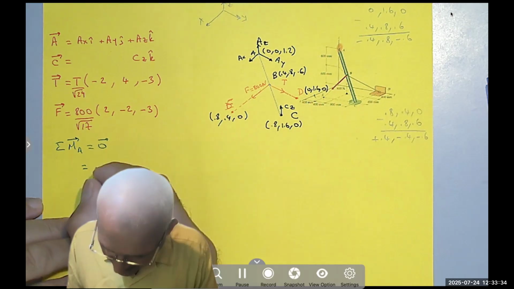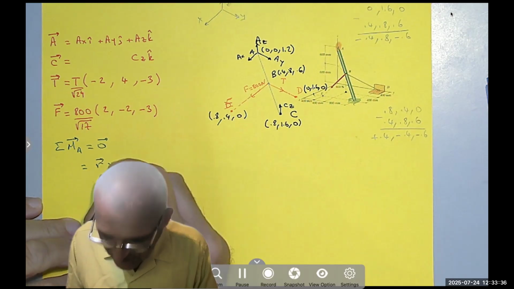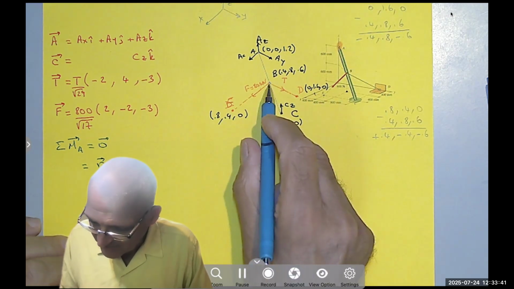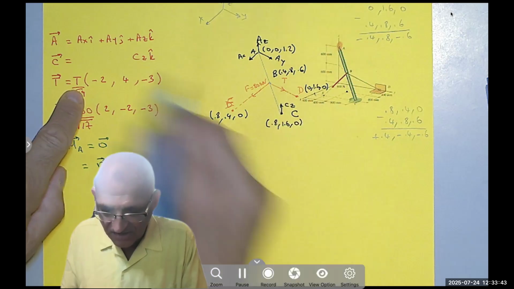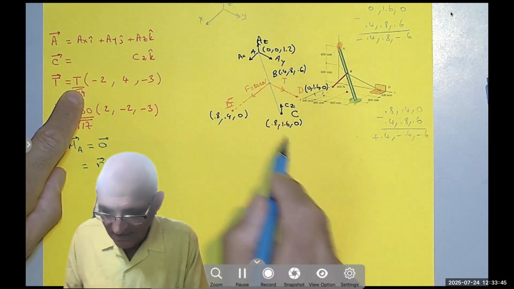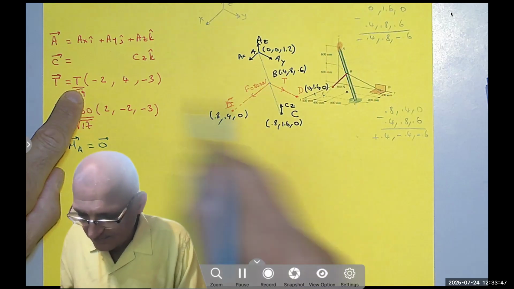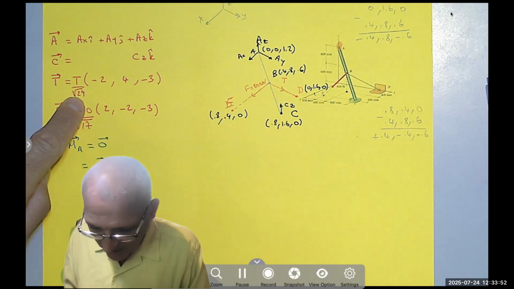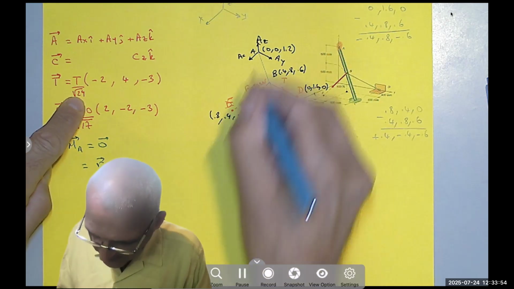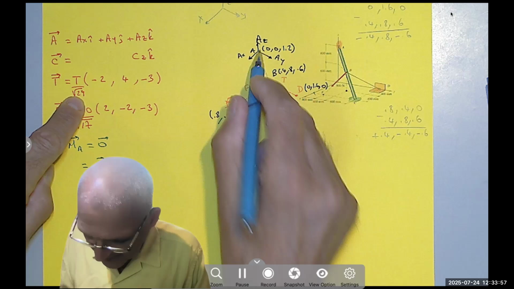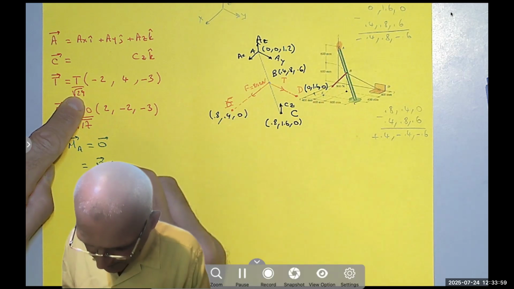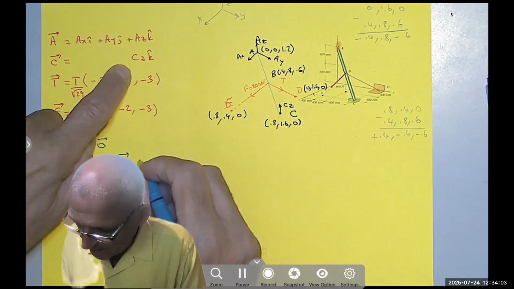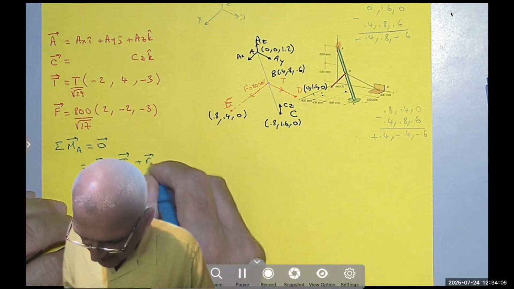Remember, the moment is R cross F. So first of all, I have the tension. Let's start with the tension since A is already at A. We could have said C, but okay, we do B. So I'm taking the moment from A. So RAB cross T plus RAC.